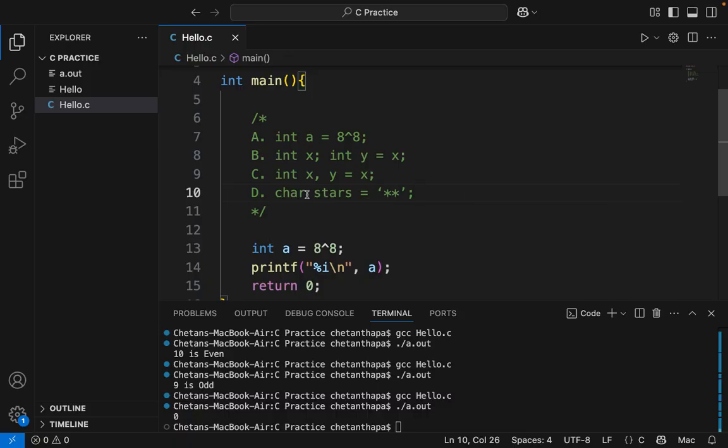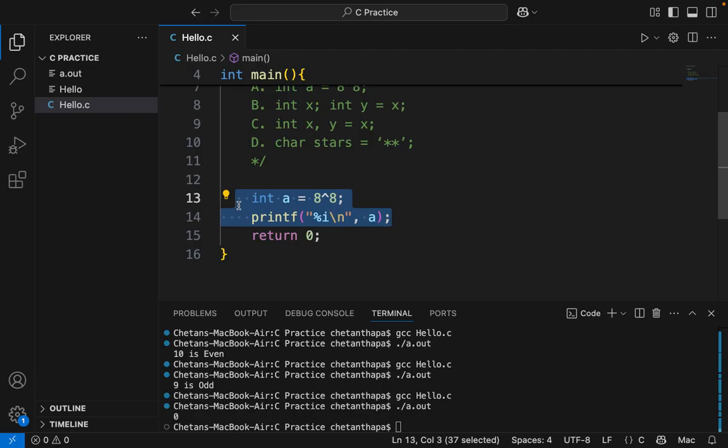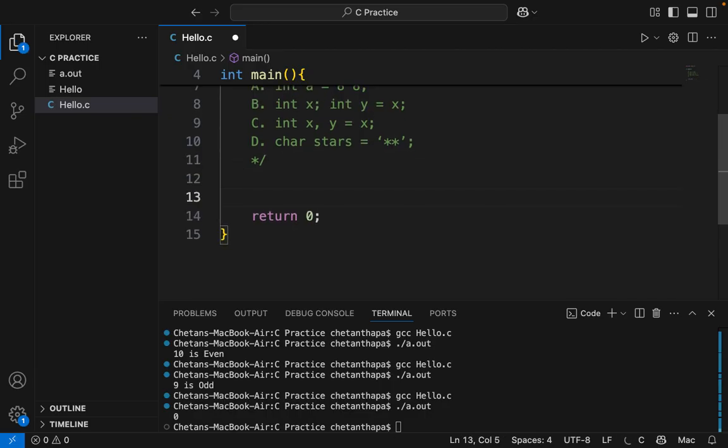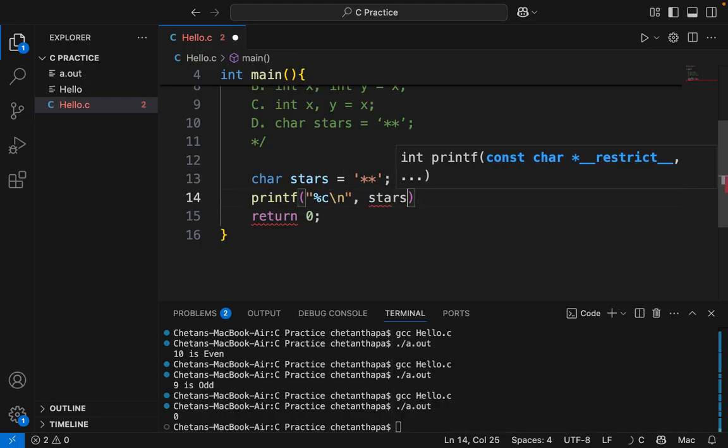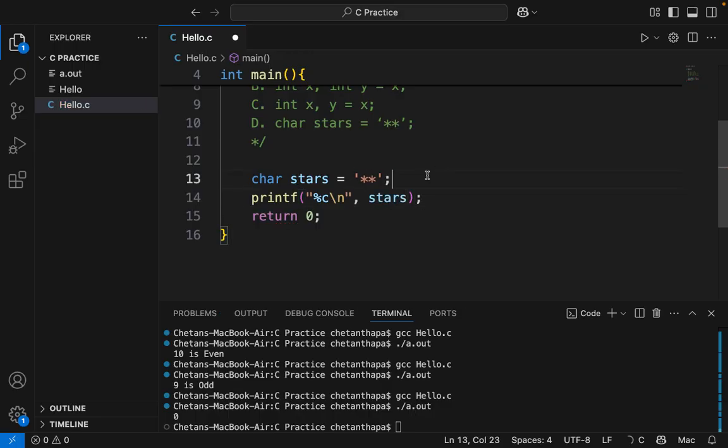No, it is invalid, because if you're assigning some value to a char data type, it must be only a single character. So let's check char star is equal to percentage c, stars, and save.